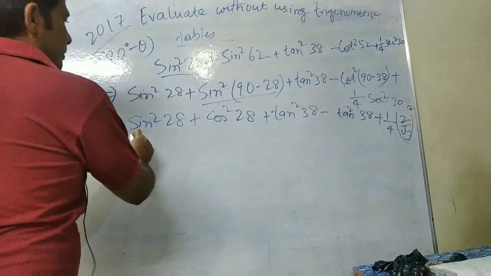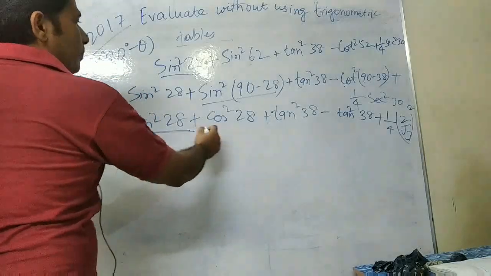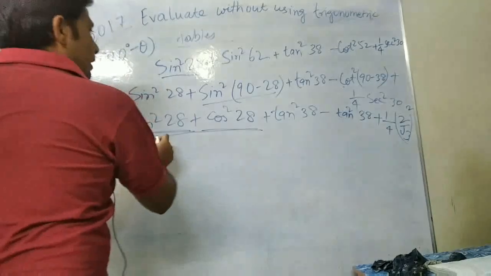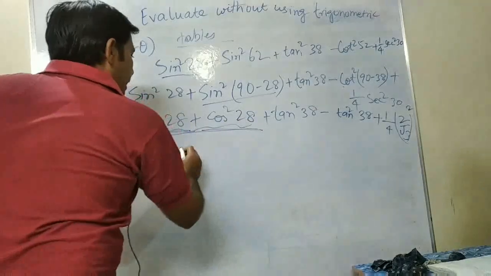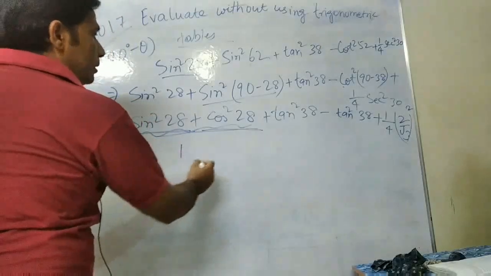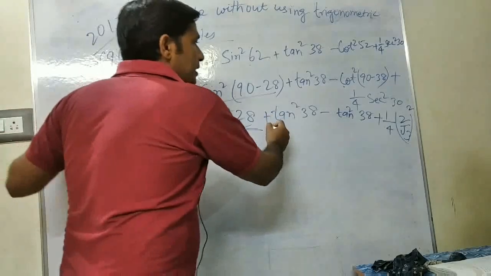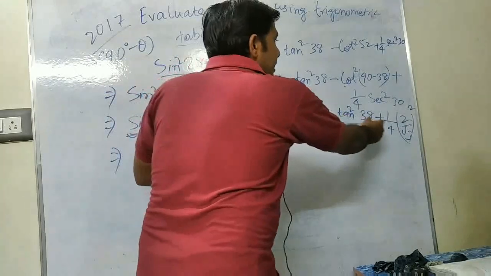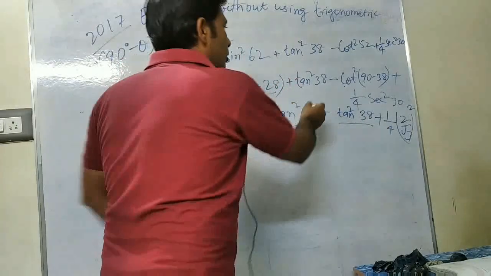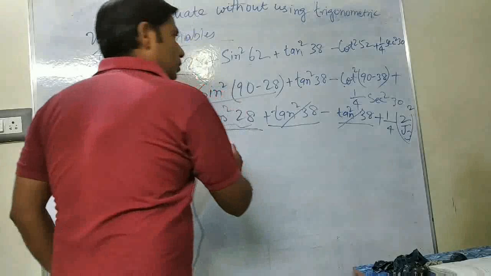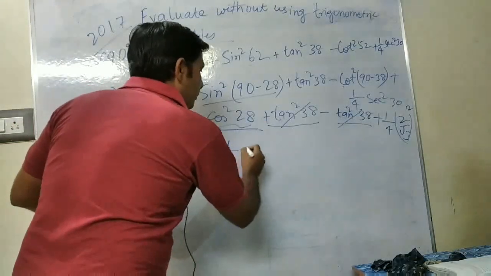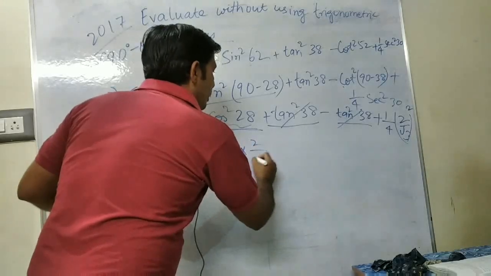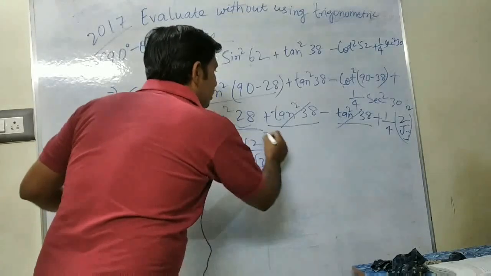Again we can write here sin square theta plus cos square theta is equal to 1. So instead of these two we can write the value 1 plus tan square theta minus tan square theta. The plus and minus will be cancelled. So we can write 1 plus 1 by 4 multiplied by 2 by root 3 whole square.